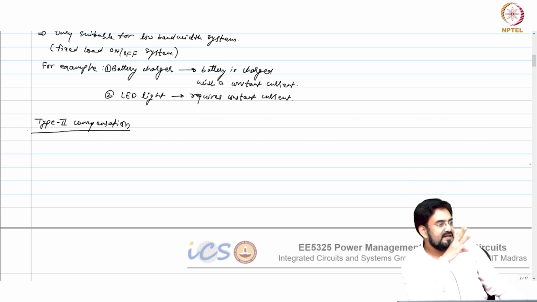If you have 3 integrators, how many zeros do you require? 2. So, when I say type 2 compensation, which means what you require to compensate a type 2 system, a type 2 system can be compensated with only 1 zero. Okay. So, when I say type 2 compensation, that means the system has only 1 zero, that is it.